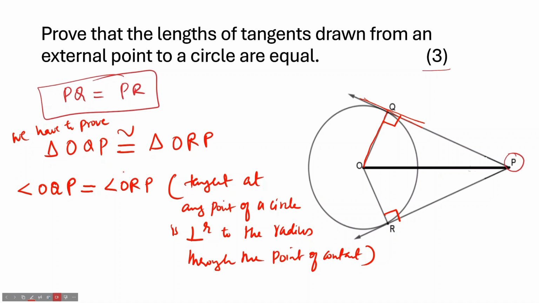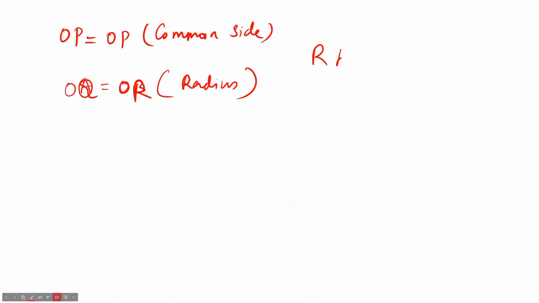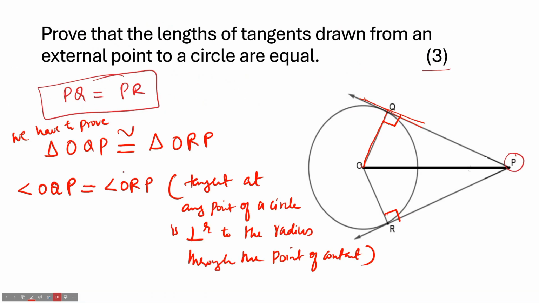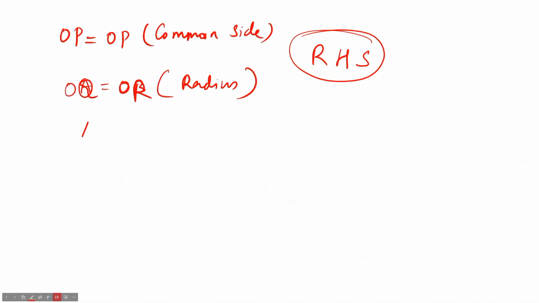Okay, now we can understand the angles are equal, two sides are equal, and hypotenuse, RHS criterion, right? Right angle, hypotenuse, and side, RHS criterion we can use, and we can understand that triangle OQP is congruent to triangle ORP.